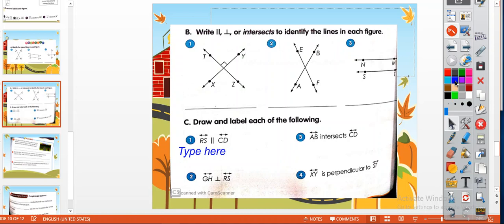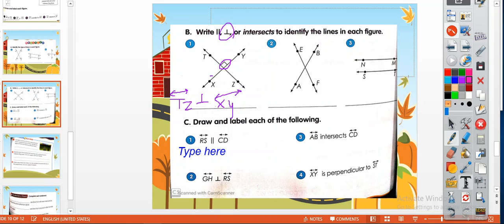So what are we going to write here? What is the first line here called? Yes, TZ. It is perpendicular. Just put the sign here, the sign that he said. Perpendicular to XY. Good job.